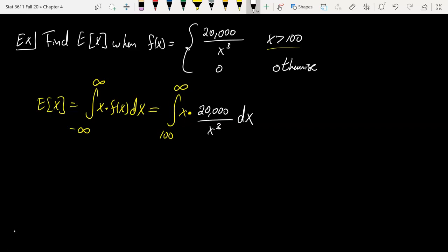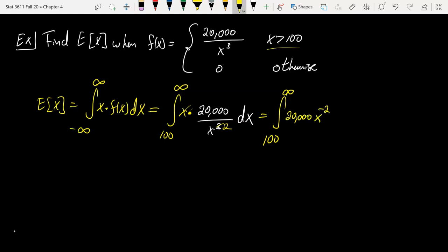And we just evaluate our integral here. So we whip out our calculus hat. Let's see what we have. Integrate from 100 to infinity. What is x over x cubed? x over x cubed, we can cancel one of these out, and that's going to leave us with an x squared there. So I have 20,000 divided by x squared.